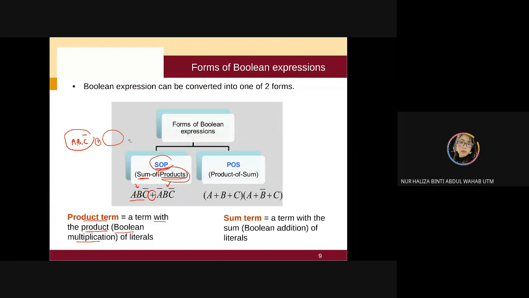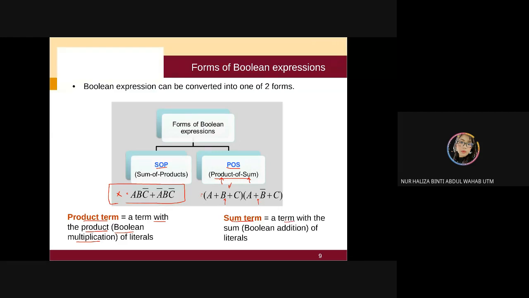This is the normal Boolean expression. Last time we always used this form. We played around with this form, which is SOP. Now, slightly different, you have POS, which is product of sums. You have all sums. This is sum 1, this is sum 2.